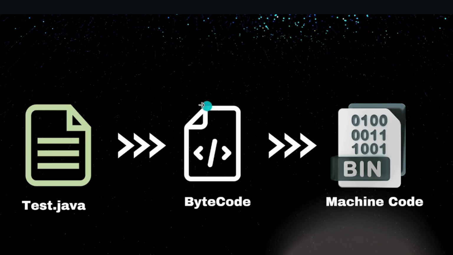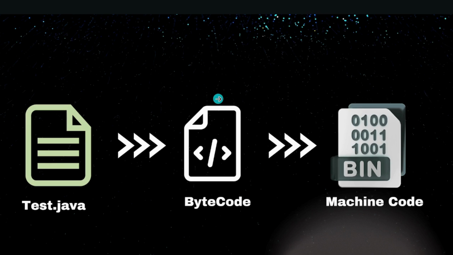It becomes Java bytecode, the intermediate file. Now, why is this Java bytecode so important? This bytecode is platform independent, which is why, if the bytecode formed on my PC or laptop is given to you, you can run it on your machine.